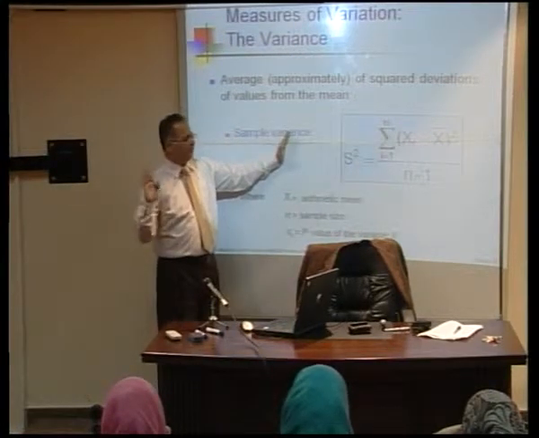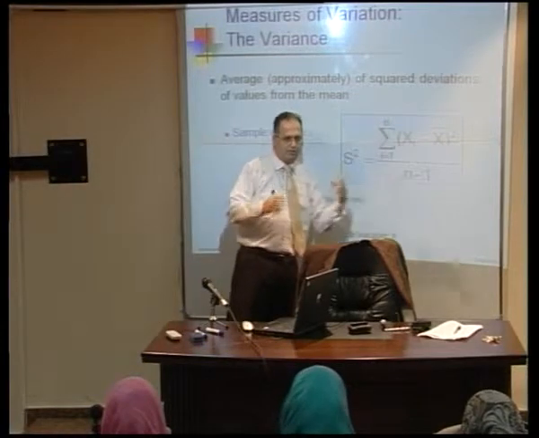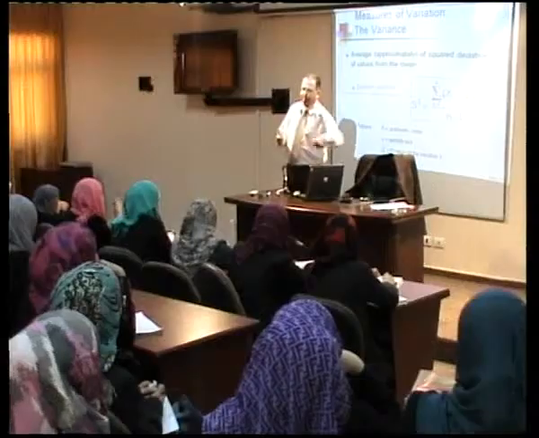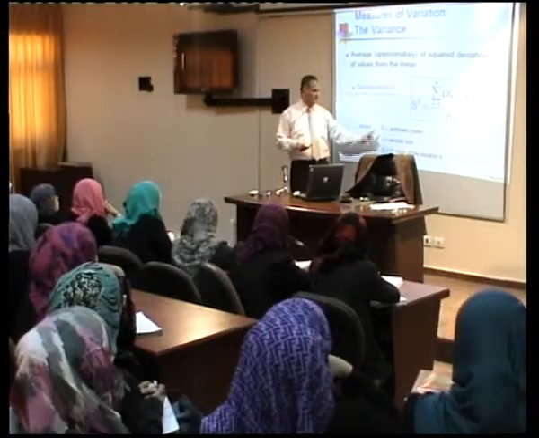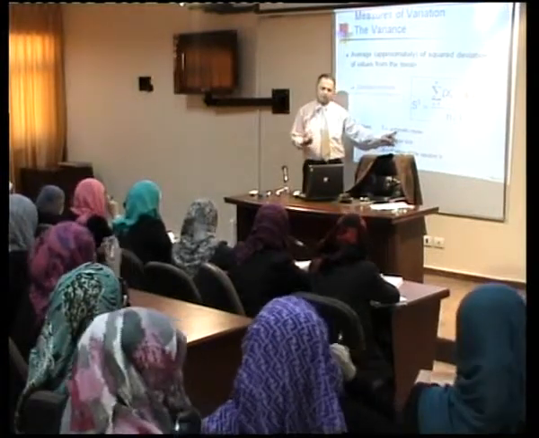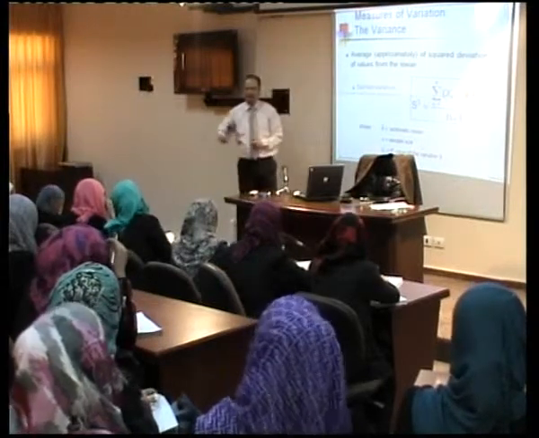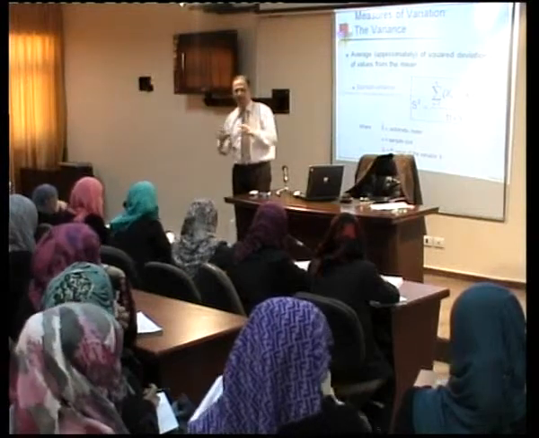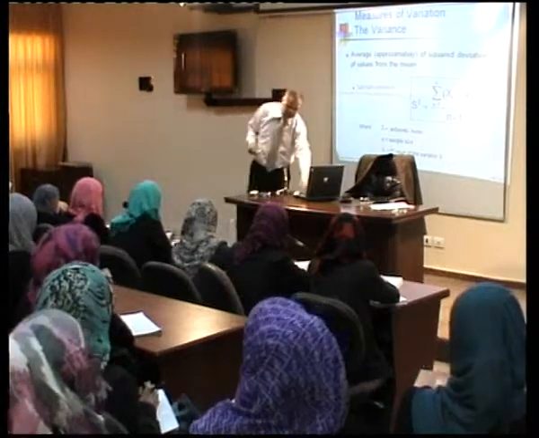And in that formula, you'll see that we divide this sum by capital N. So you'll see the difference between sample variance and population variance. Now, x bar is the arithmetic mean, n is the sample size, and xi is the ith value of the data you have. So this is the formula to compute the sample variance.